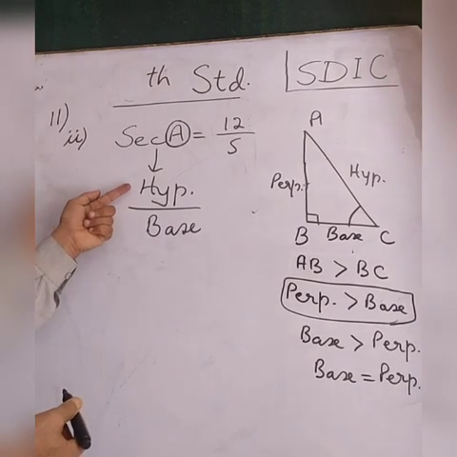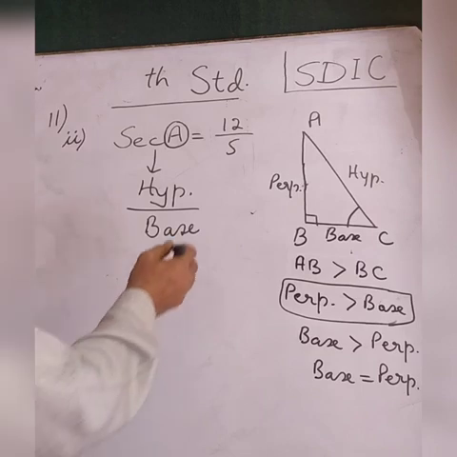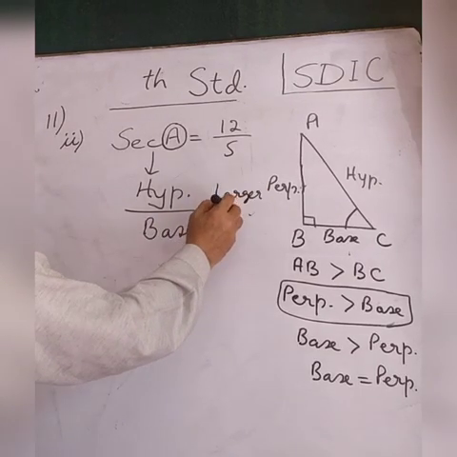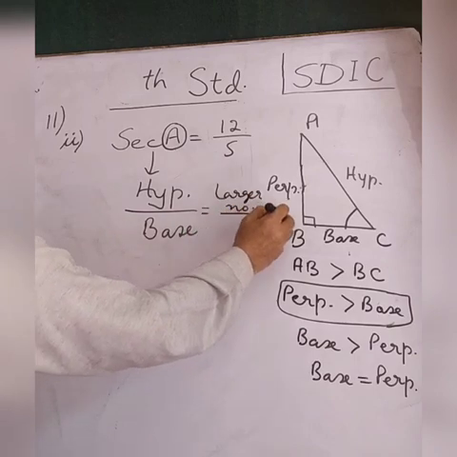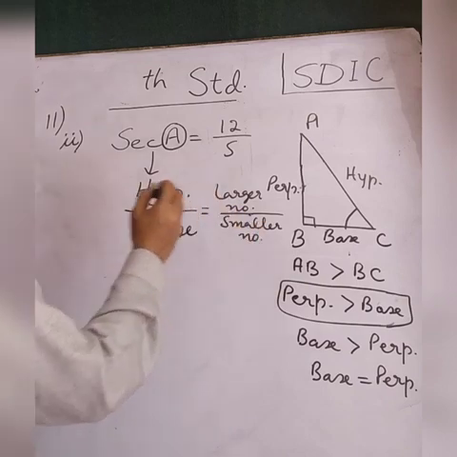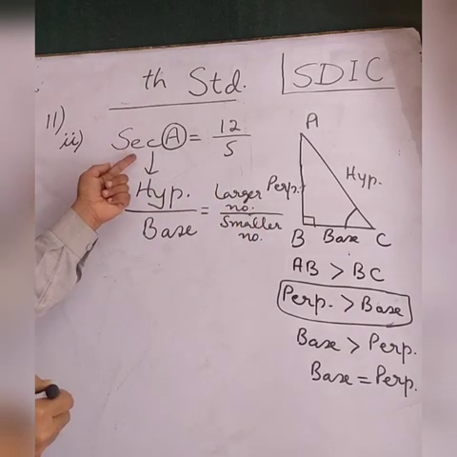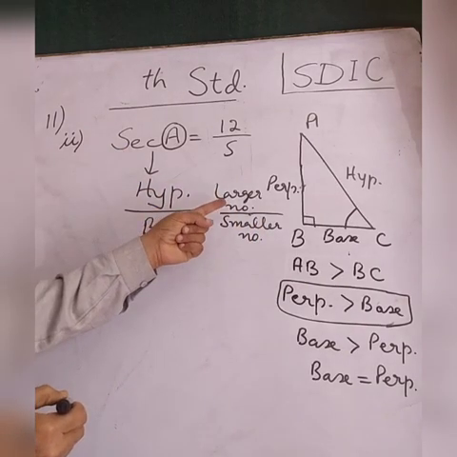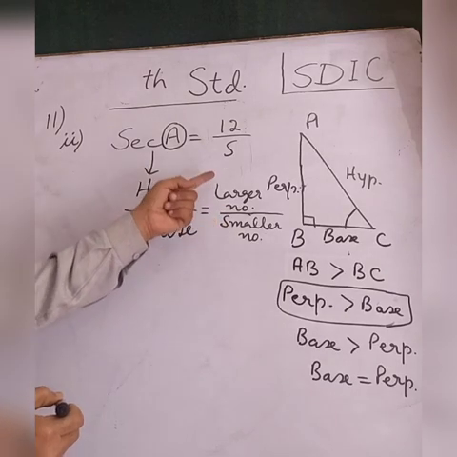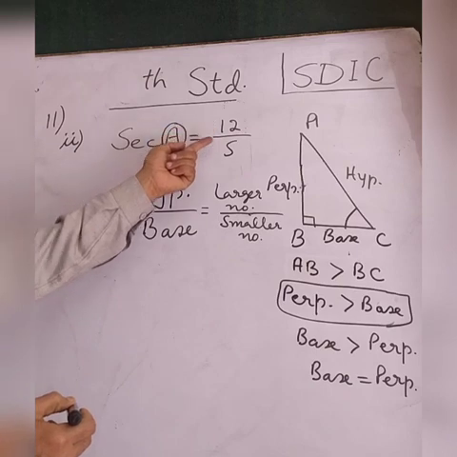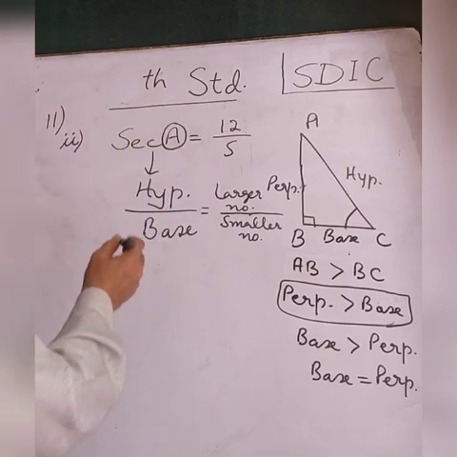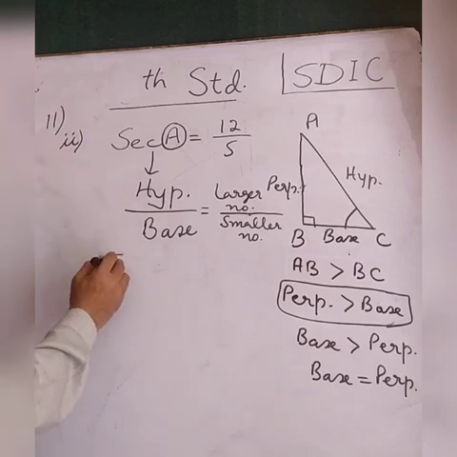So we can say hypotenuse is therefore larger than base. This becomes therefore a larger number divided by a smaller number. In sec, we therefore always have the larger number in the numerator, the smaller number in the denominator, and that is what is given to us. 12 is larger than 5. The larger number is in the numerator, 5 is in the denominator, the smaller number. Therefore, this statement is true.